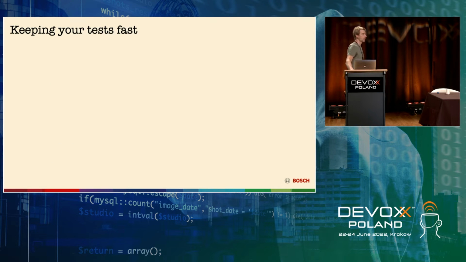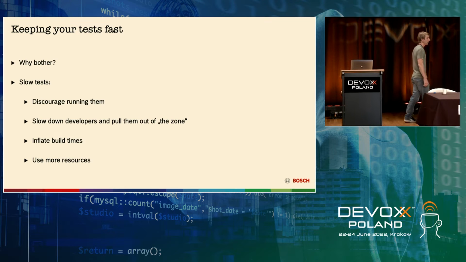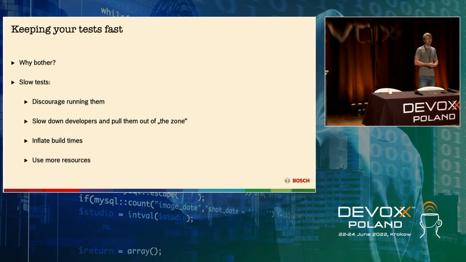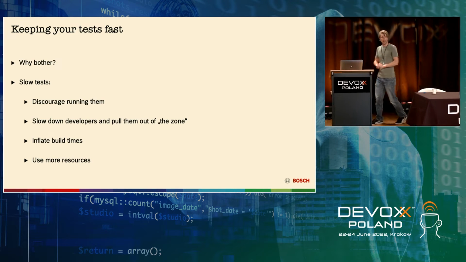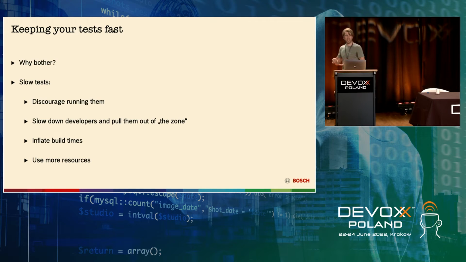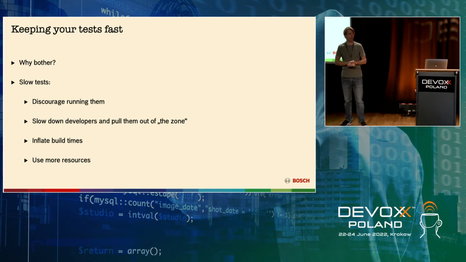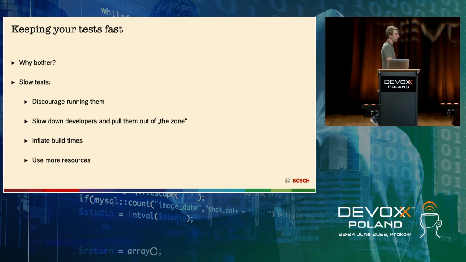First one, keeping your tests fast. So why would we want to keep our tests fast? Why would we bother? Well, slow tests discourage us from running them. We don't want to waste our time waiting for tests. Also, they slow us down as developers and pull us out of the zone. Also, they inflate our build times.